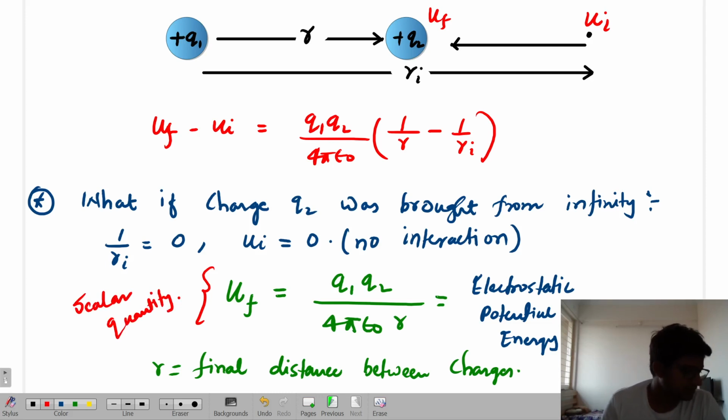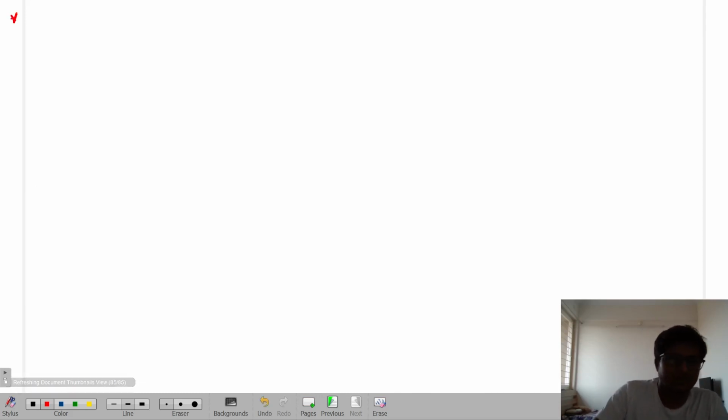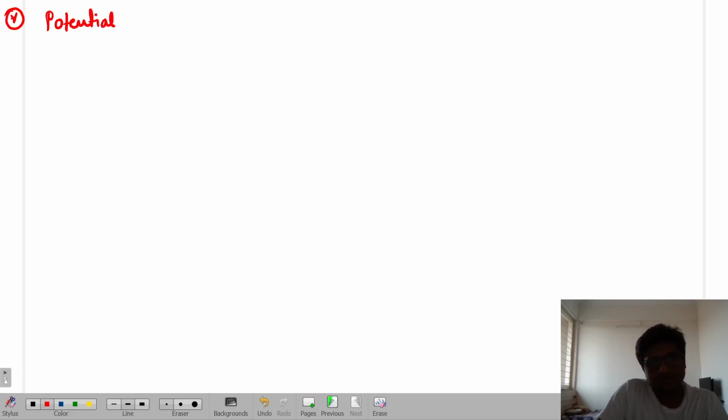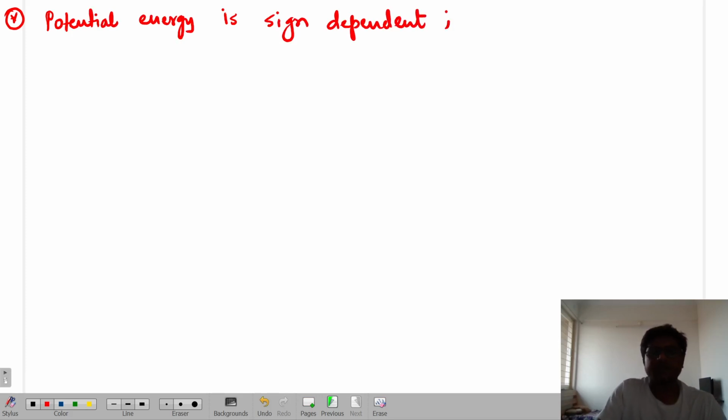Did you understand what I said? Now you have to always remember that the potential energy is sign dependent. Got it? Like in the vector case, when we take the direction, we ignore the sign of the charge.